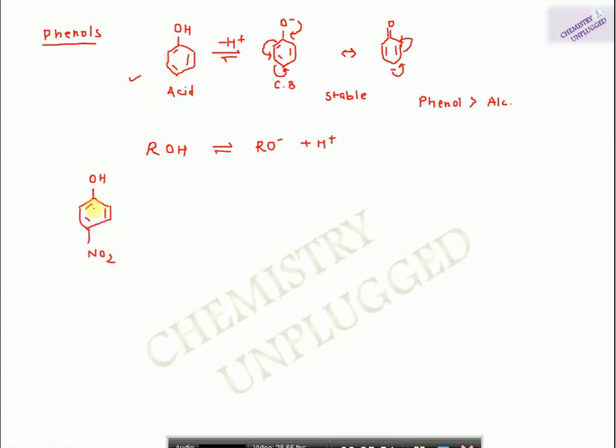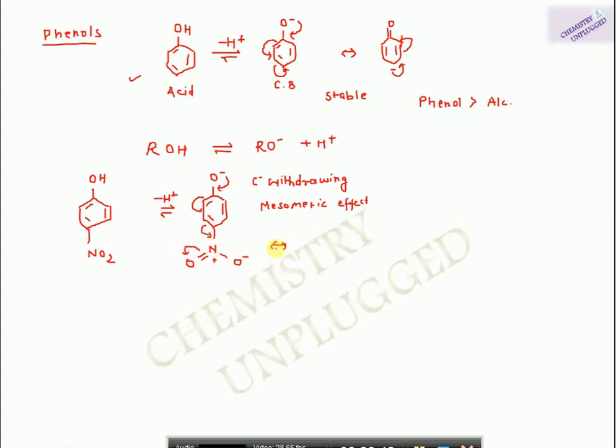And if I connect the phenol with an electron withdrawing group like NO2, then after the proton removal, its conjugate base will be this. When the nitro group is present at the para position, it has an electron withdrawing mesomeric effect, meaning a minus M effect.